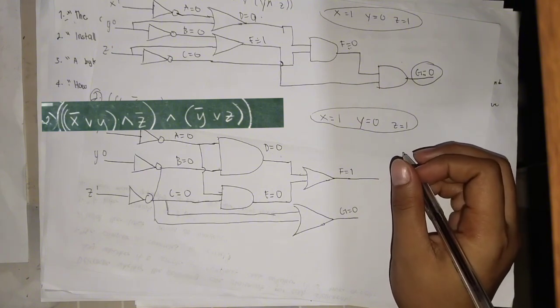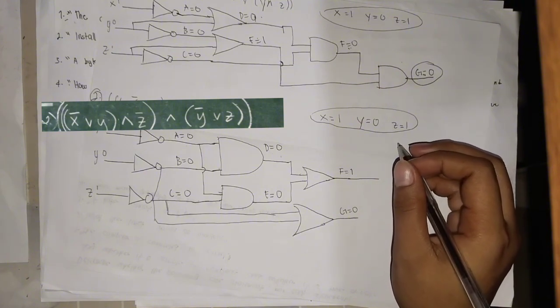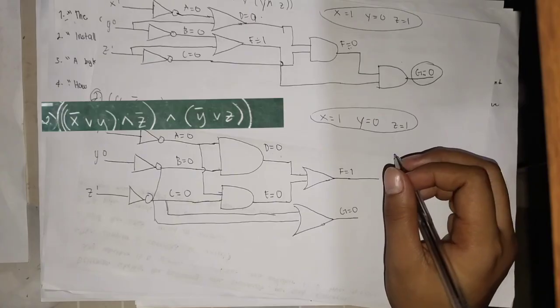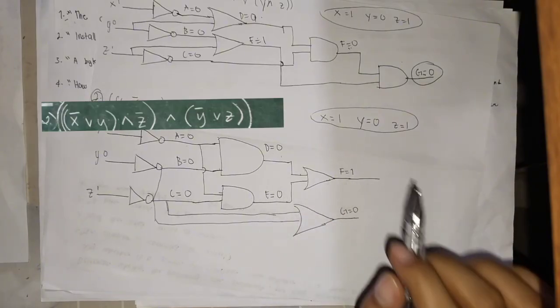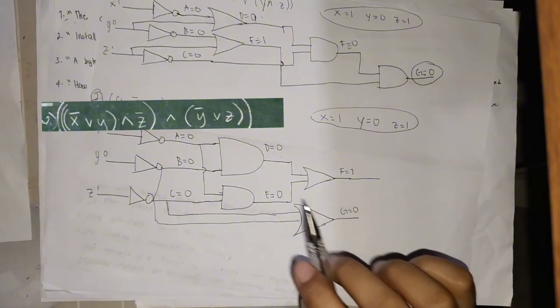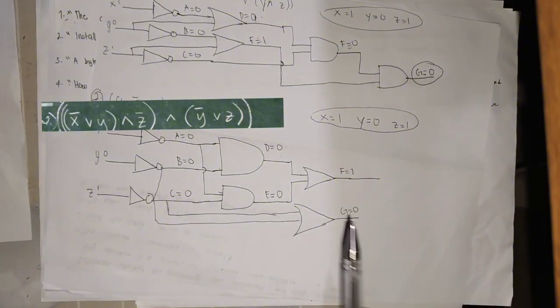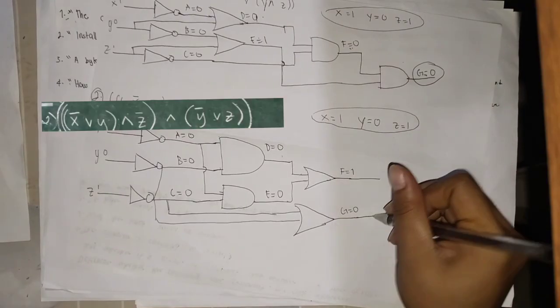So let's move to the NOR gate. A NOR gate is like an OR gate with a NOT gate at the end. Its output is 1 only if both inputs are 0. If either input is 1, the output is 0. So we will draw a NOR gate.